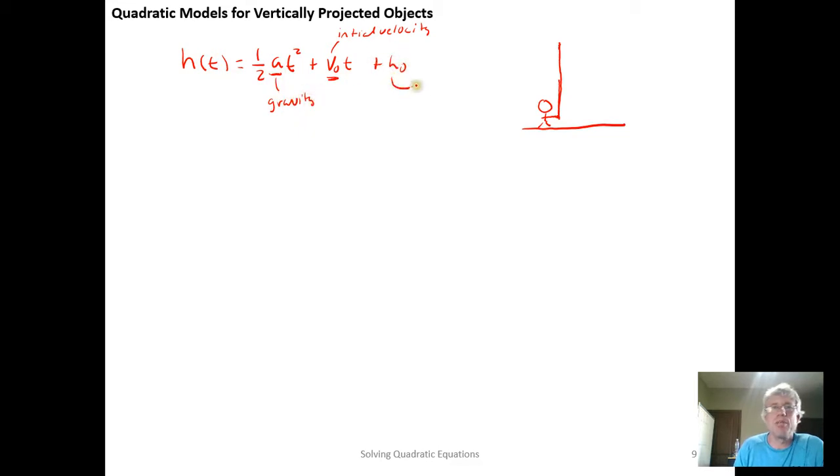And h naught is the initial height, or the height from which the object is launched, thrown, or tossed.